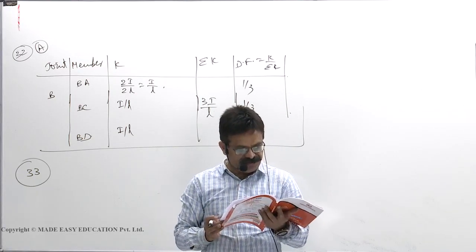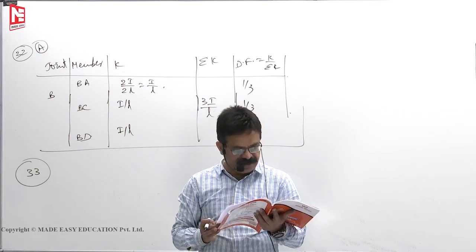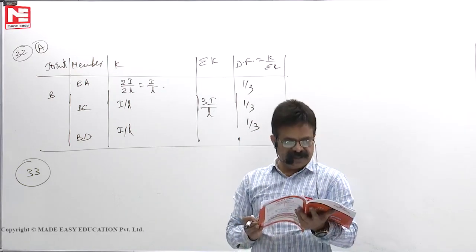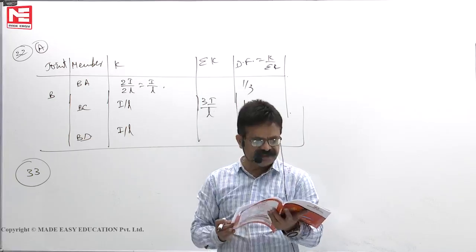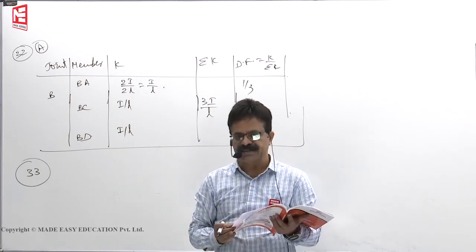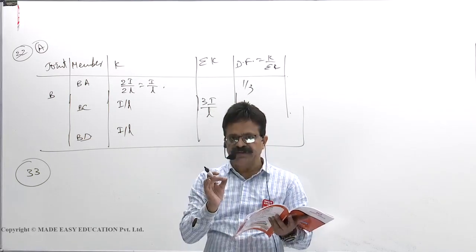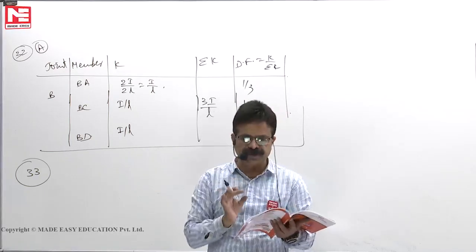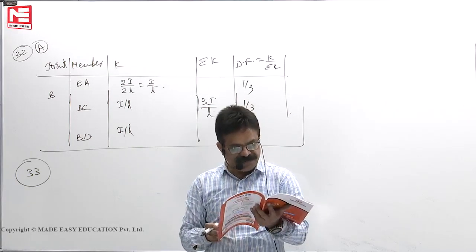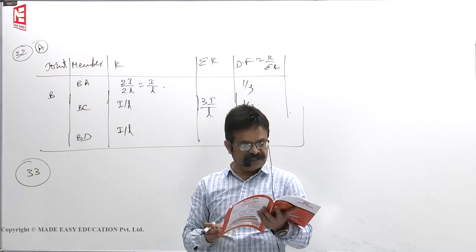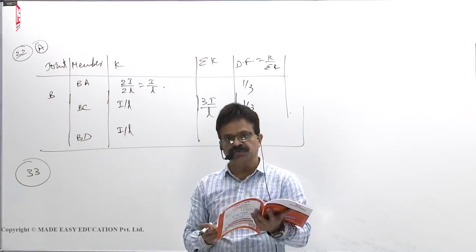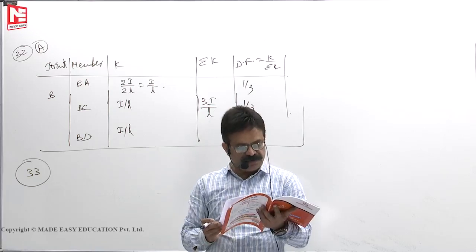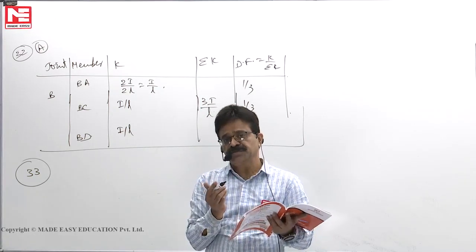An extension of Maxwell's reciprocal theorem? The reciprocal theorem is not an extension; unit load means it will only tell you that load and displacement positions can be interchanged, need not be unit load. It is derived from Castigliano's theorem, that means Castigliano's theorem 2, we have to see. So what is Castigliano's theorem 2?